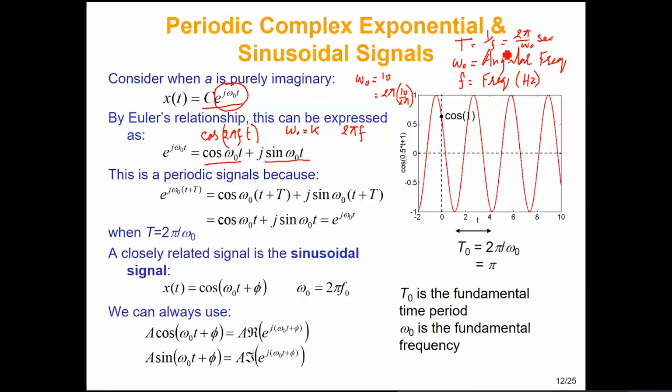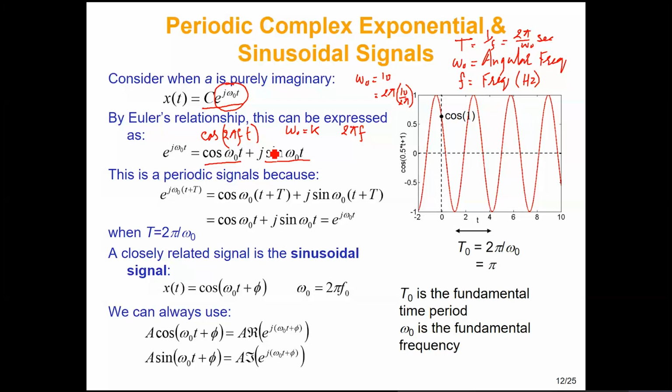So the complex exponent has got a real part and an imaginary part. Both of them, Euler gave us this, are basically sinusoids, cosine and sine. Now, because cosine is periodic and sine is also periodic, and we have the same time period for cosine and sine, that means we will have the same time period or repetition period for the complex exponent also.